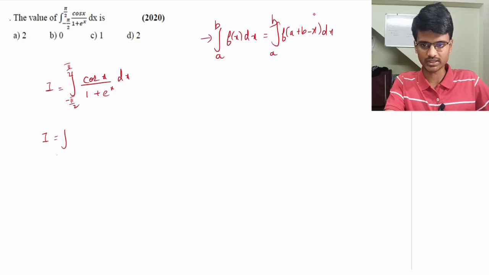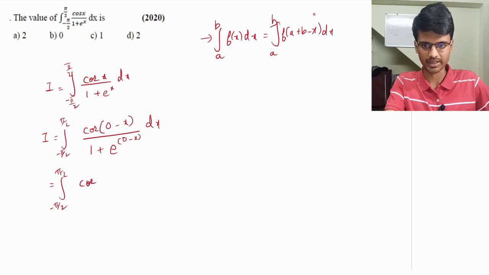The limits remain same, minus pi by 2 to plus pi by 2. What do I get? Cos of 0 minus x, because pi by 2 plus minus pi by 2 is 0, over 1 plus e power 0 minus x dx. I get integral from minus pi by 2 to plus pi by 2 of cos of minus x over 1 plus e power minus x.